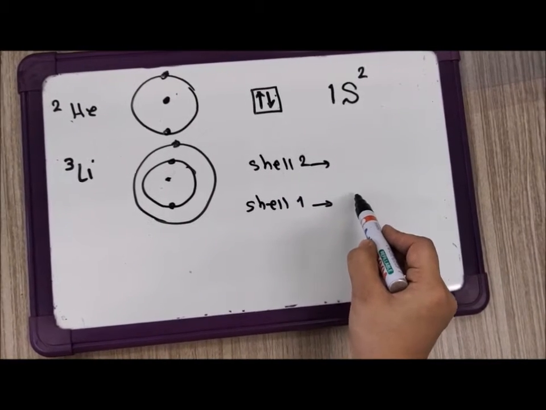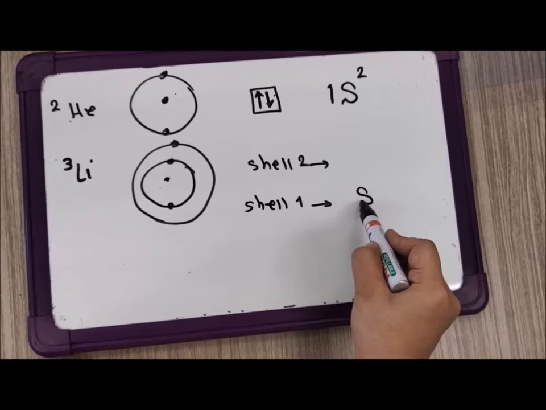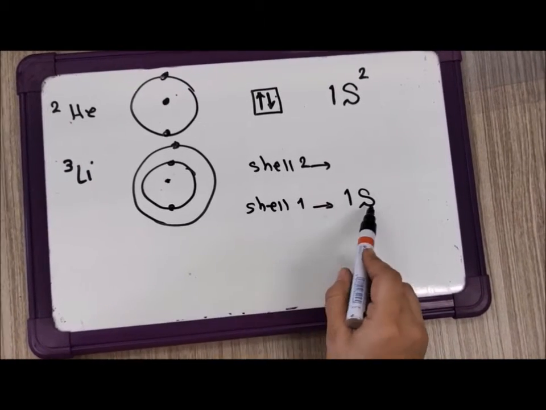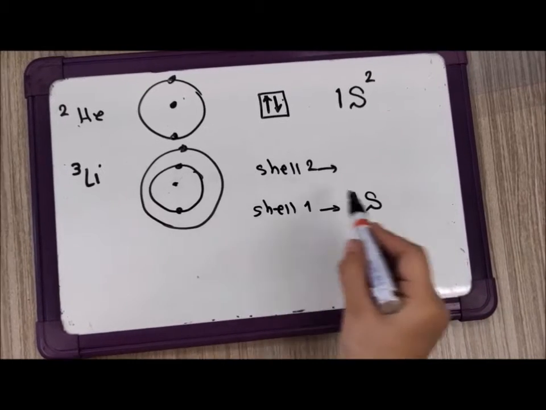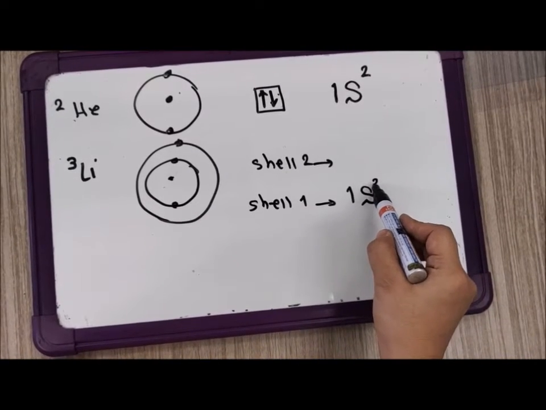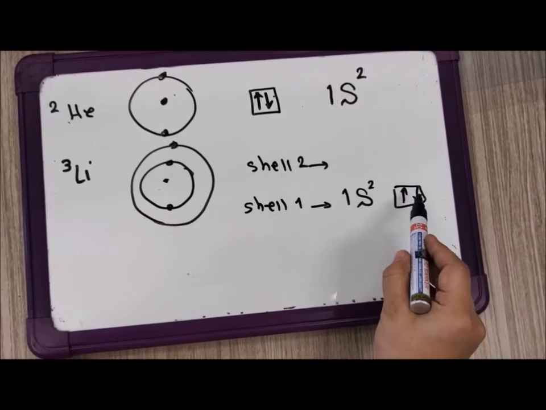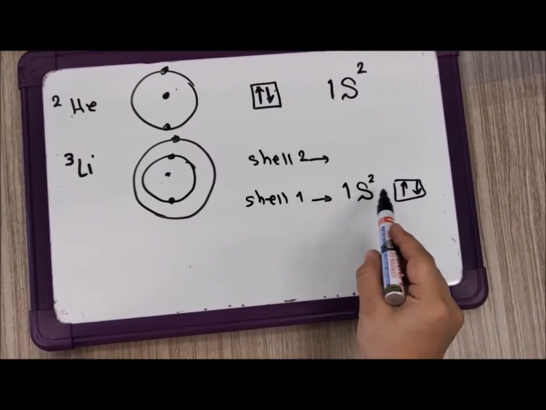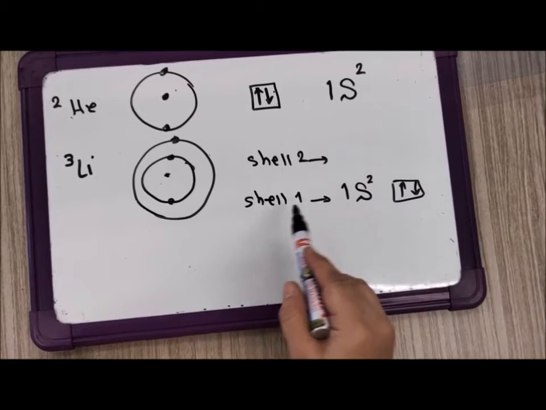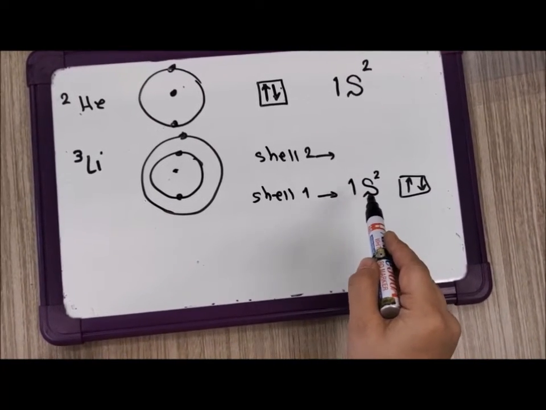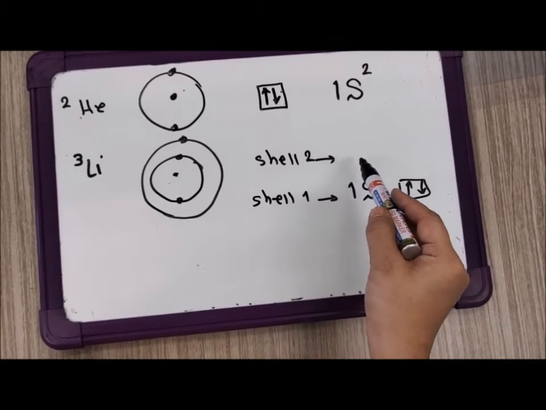On shell 1, it has the S orbital only, and I can put 2 electrons on it. 1, 2. I have 1 more electron. I cannot continue here because the first shell only takes 1 S orbital and no more. Then we go to the second shell.